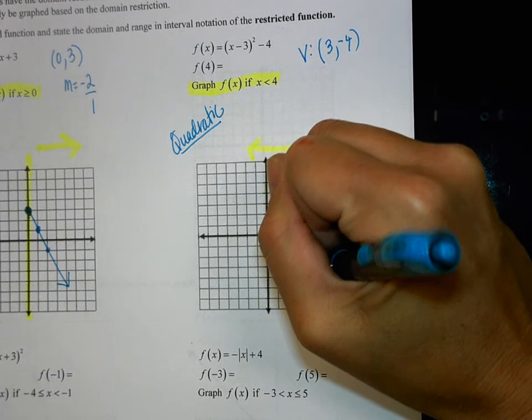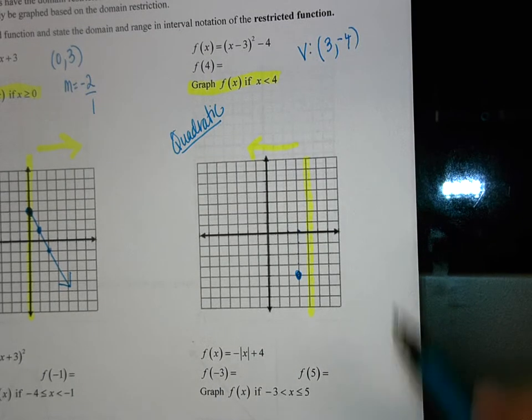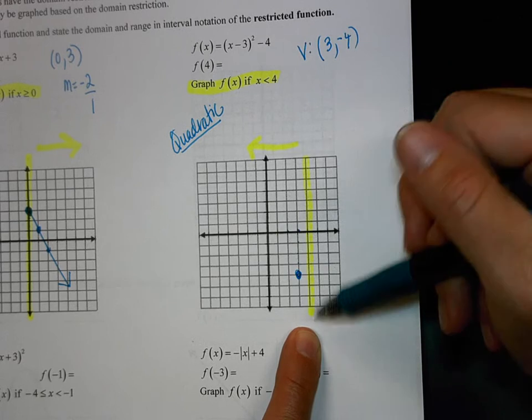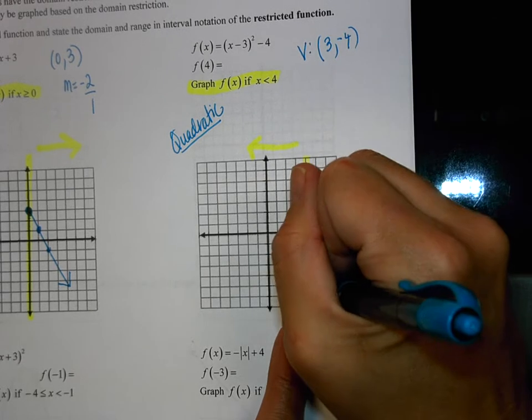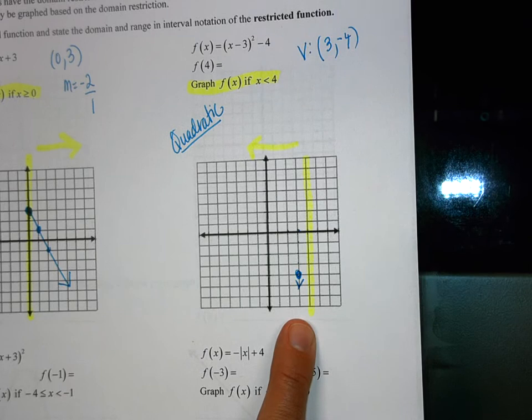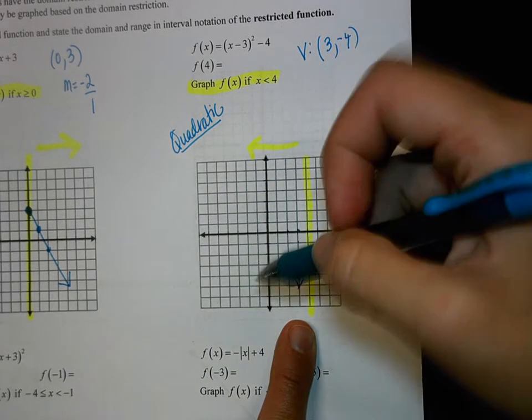And that is not on the line, so we can go ahead and do a solid point there. And then we need to find out what's happening when it's at the restricted value. Also, when you put this point, sometimes you might want to put a V there to remind you that's a vertex, and so that you know it's symmetrical across that point.